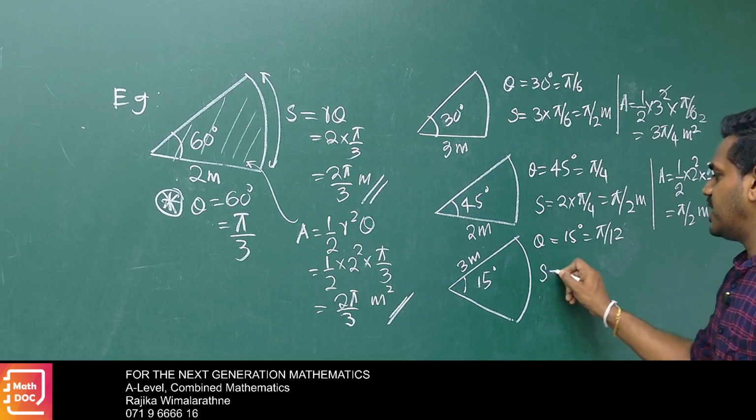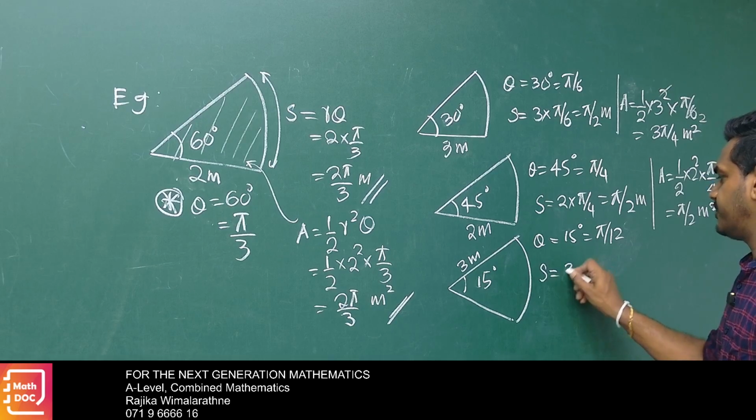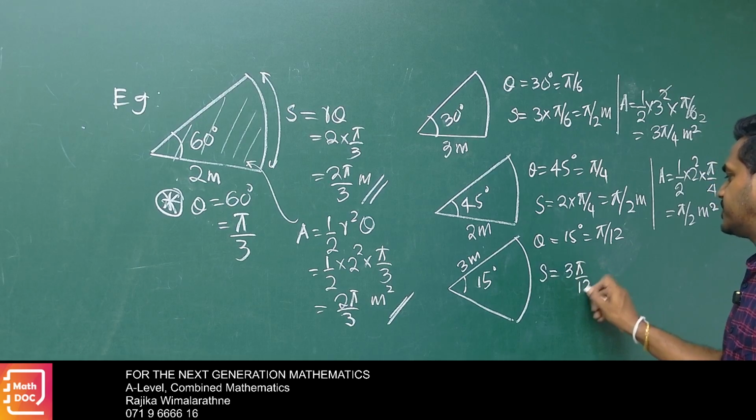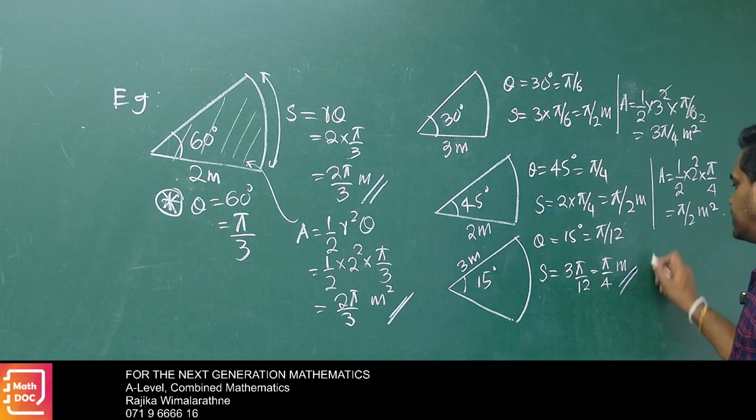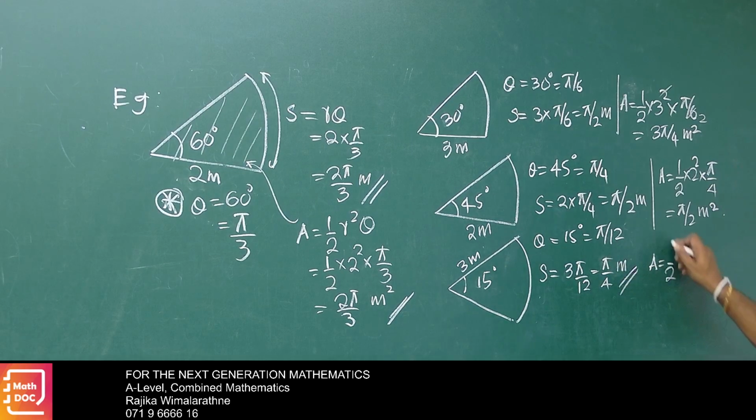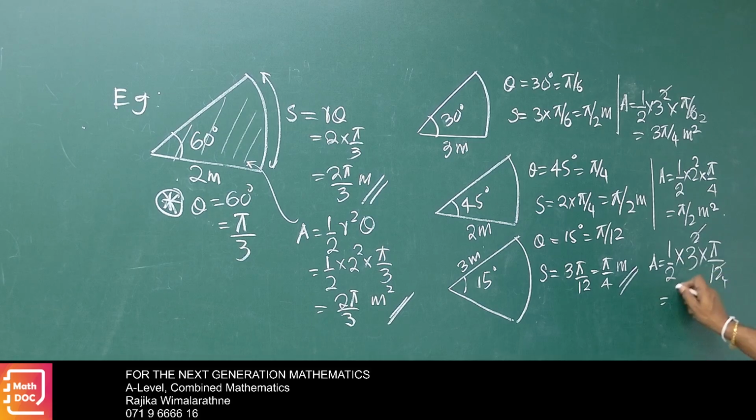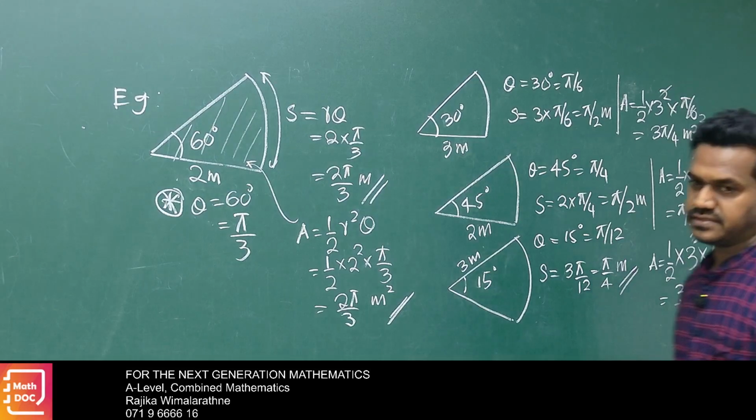Then arc length r theta, 3 pi over 12, this is pi divided by 4 meters, area half r squared theta, pi divided by 12. Simplify, 3 pi divided by 8 square meters.